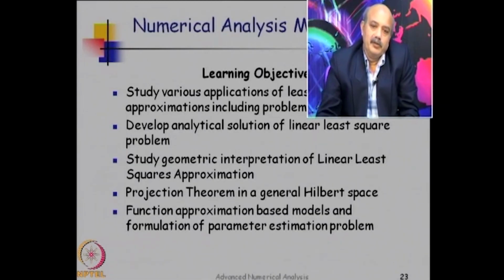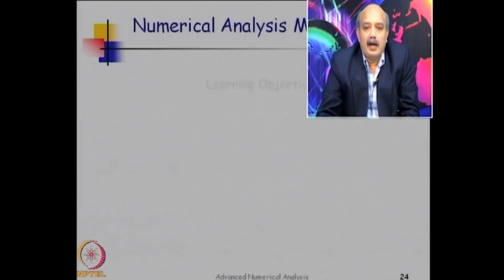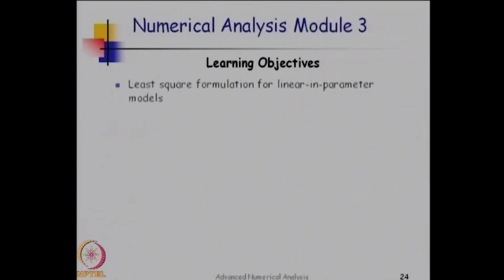So we will also have a brief peek at function approximation based models and the formulation of the parameter estimation problem. In this, we will also look at least squares problems for linear in parameter models, and least squares formulation for nonlinear in parameter models.